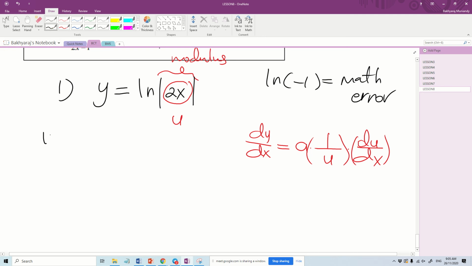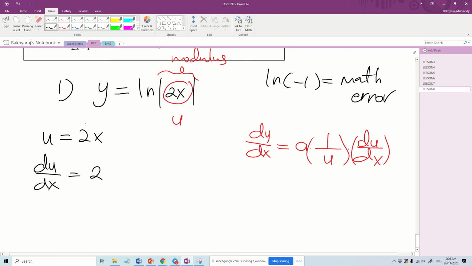My u is 2x, so my du/dx equals what? Correct, I get 2.